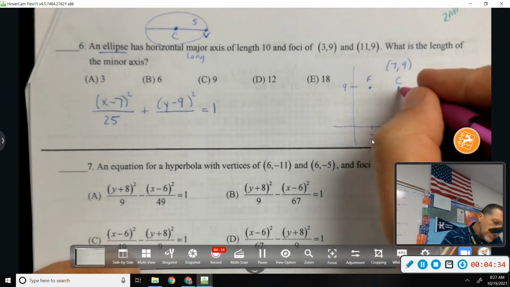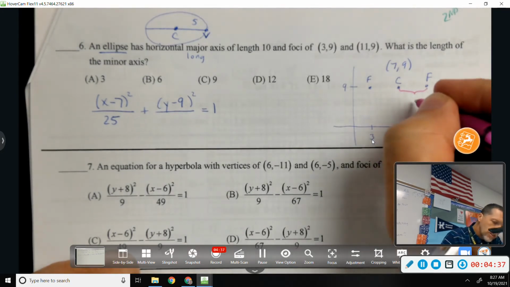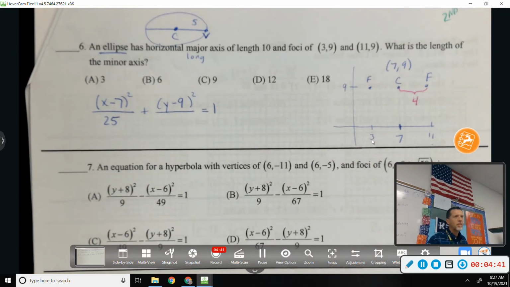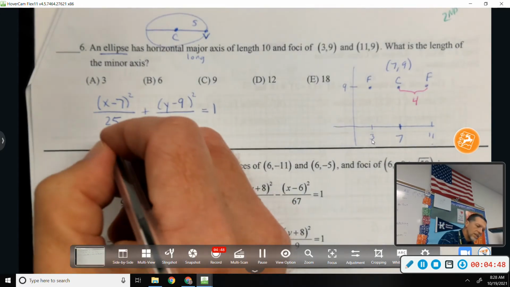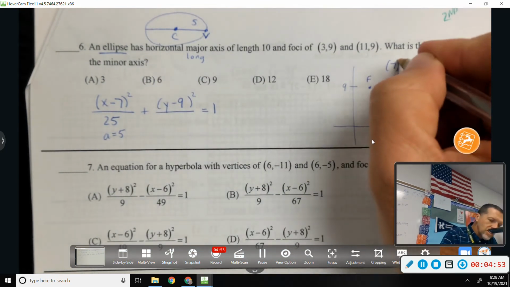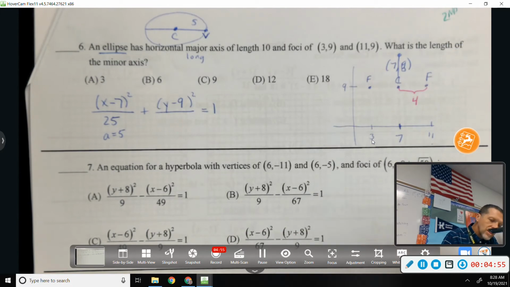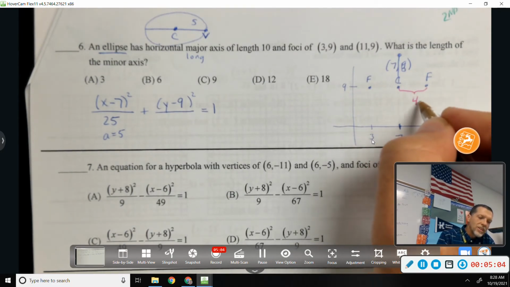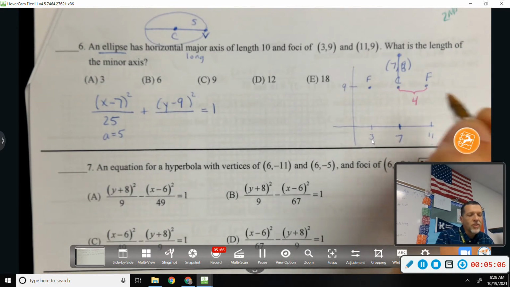What about this distance from center to focus? I mean, it's 4, but what does that mean in terms of... Is that A or B or C? It's going to be B. A is 5. B is whatever this distance is. I don't know what B is. What is this distance, though? What letter does that represent, that 4? I know the distance is 4, but what letter is that?